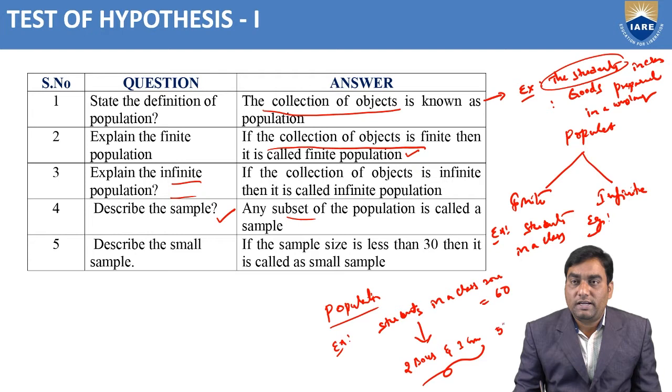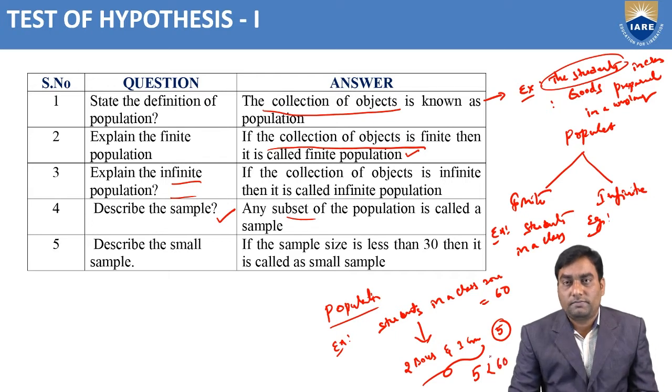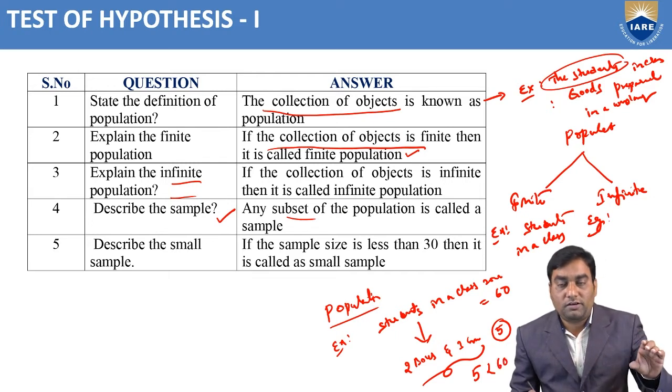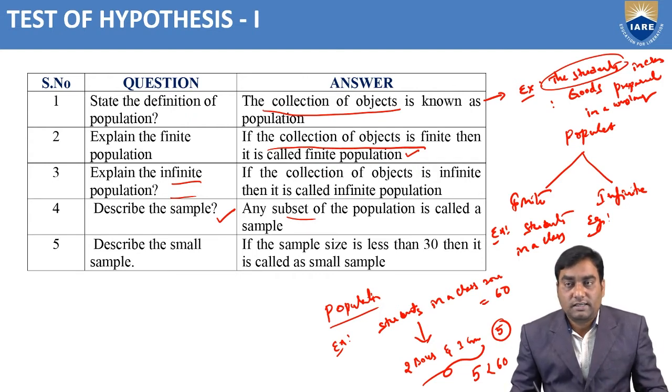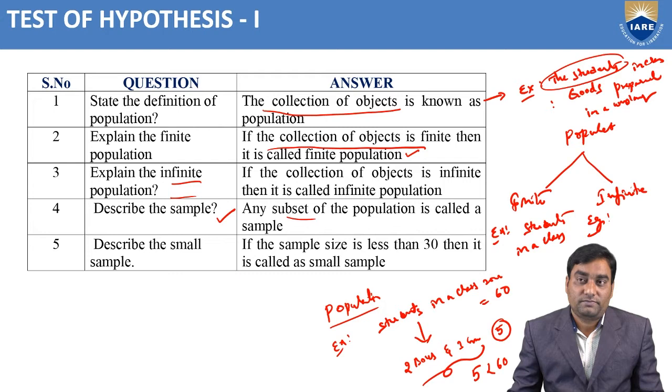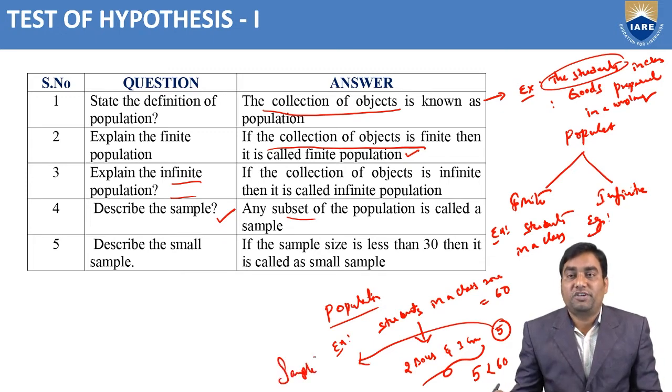Total how many? 5 students I chosen from the class. This 5 is a subset of 60, yes. It is a subset of students in a classroom. It is a subset of a population. That's why these 5 students are a sample because it is a subset of a population.